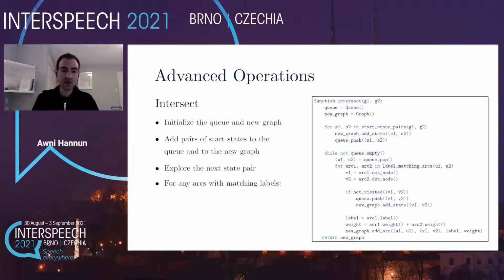And for that new state pair, we add it to our queue and add it to our intersected graph if we haven't done so already. And we also add a new arc in the intersected graph where the label is the label that the two arcs matched on, and the weight is the sum of the weights of those two arcs.